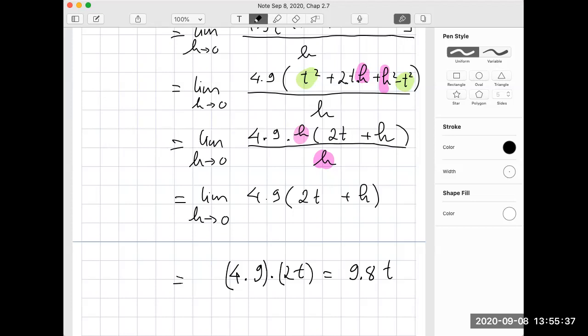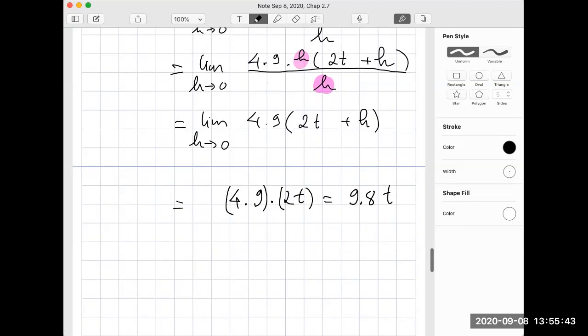Is it clear? So we have the velocity at any time. We are asked to find the velocity at t equal to 5. So we can simply substitute this into the previous result, which is 9.8 times 5, so it is 49 meters per second.